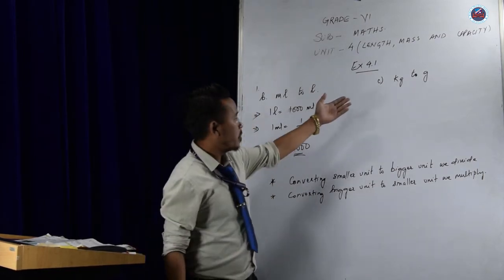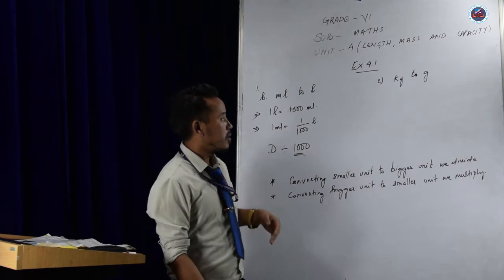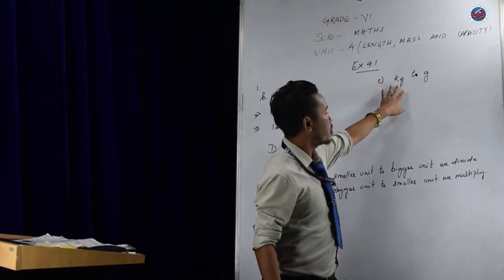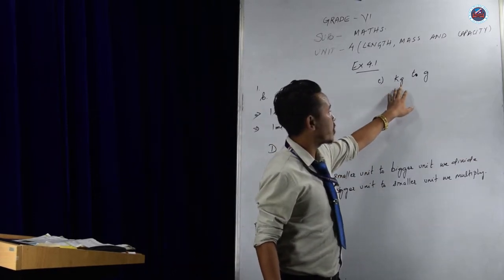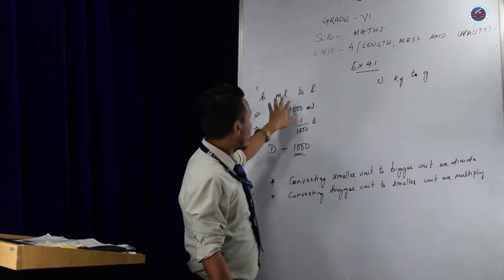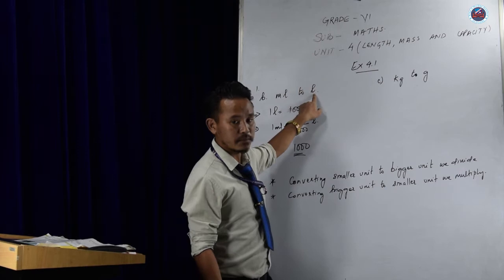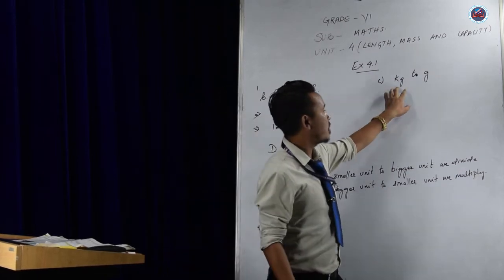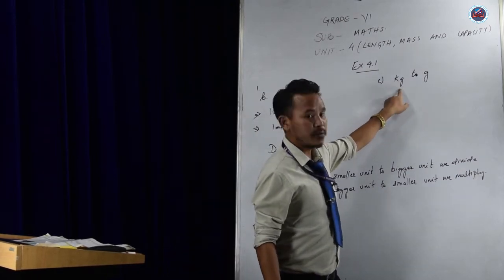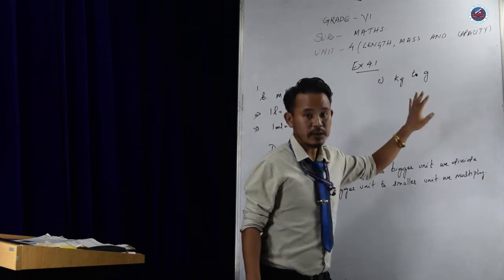Now, when we move on to C, we can see here that we have to convert kilogram to gram. Here we have seen a smaller unit converting to a bigger unit. Here we can see a bigger unit we have to convert into a smaller unit.